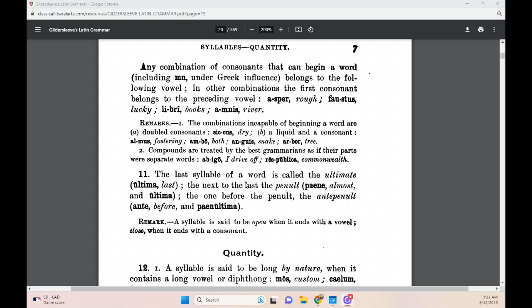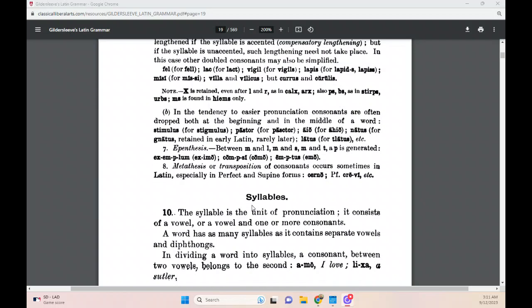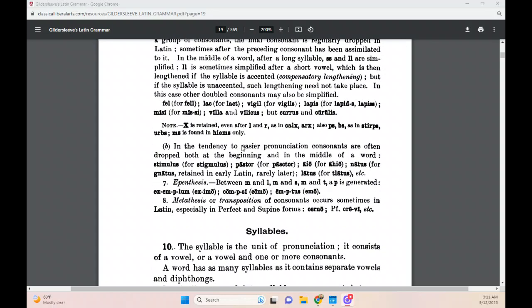So let's look at a couple examples. If we take the Latin word stimulus, we divide it into three syllables: sti-mu-lus. Lus is the ultima syllable, mu is the penult syllable, and sti is the antepenult syllable. Let's look at another one. Here we have villicus.